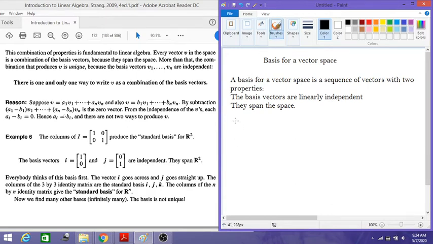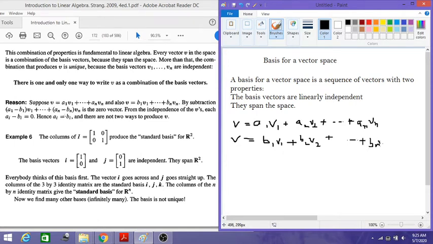For example, v is equal to a1 v1 plus a2 v2 plus dot dot plus an vn, with all the scalar values multiplied, and also we have another expression for v, that is b1 v1 plus b2 v2 plus etc. plus bn vn.